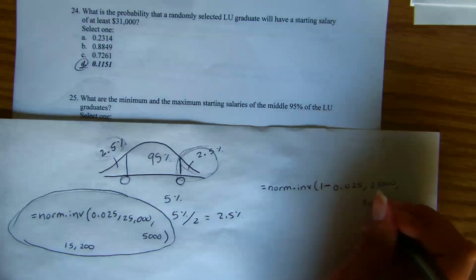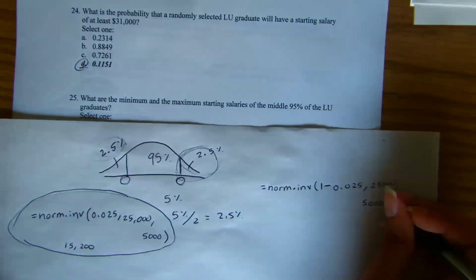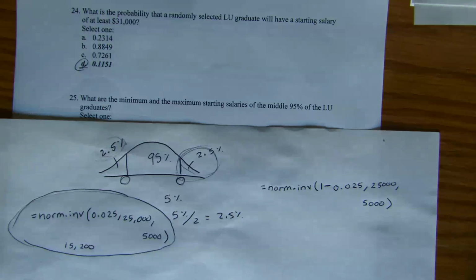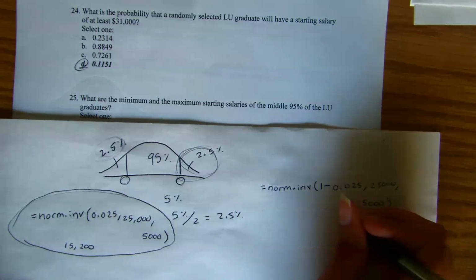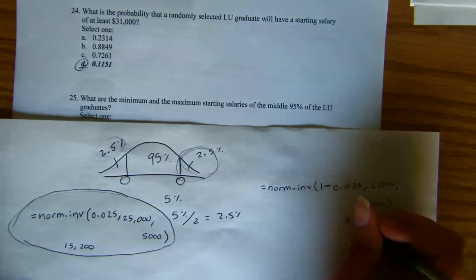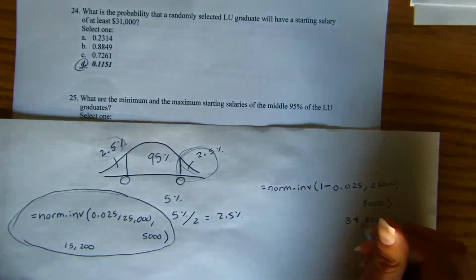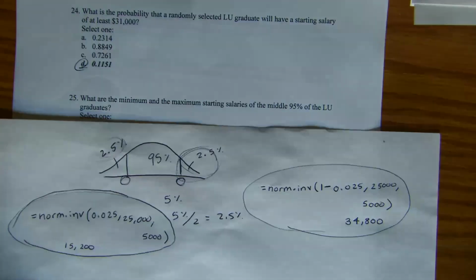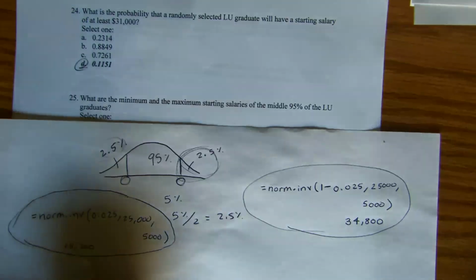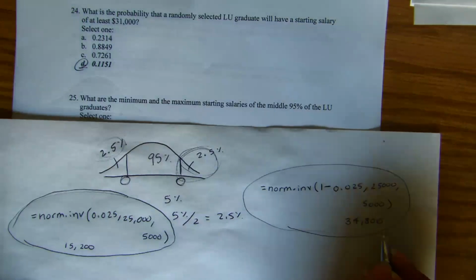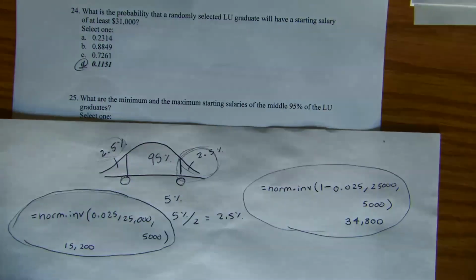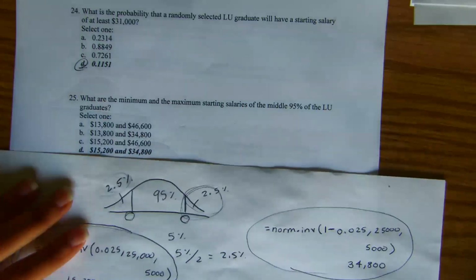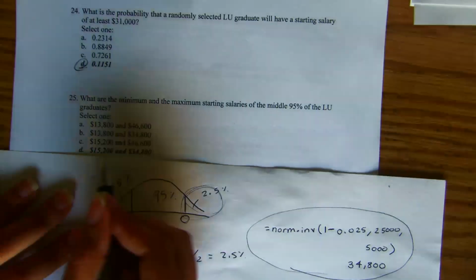Again, this was just given in the problem. Okay, so we're going to plug that into Excel. And when we do that, we're going to get 34,800. So that means the lower value is going to be 15,200. Our upper value is going to be 34,800. So there we go. That's our answer, D.